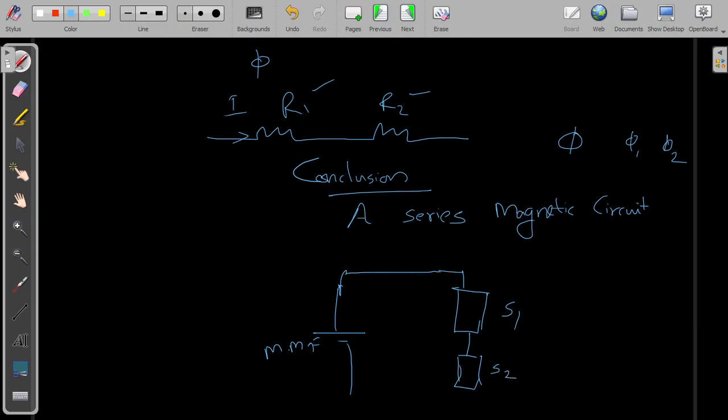S1 is the reluctance of iron, and S2 is the reluctance offered by air. The reluctances are represented like boxes, and we have flux phi like this.